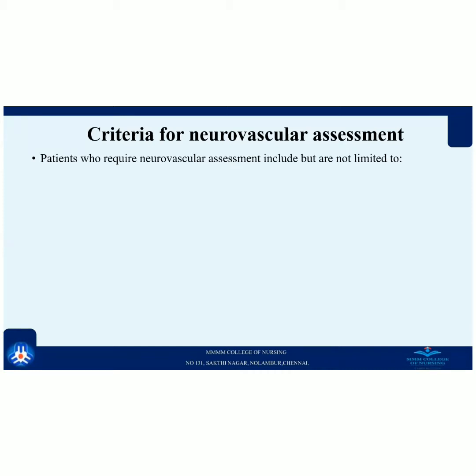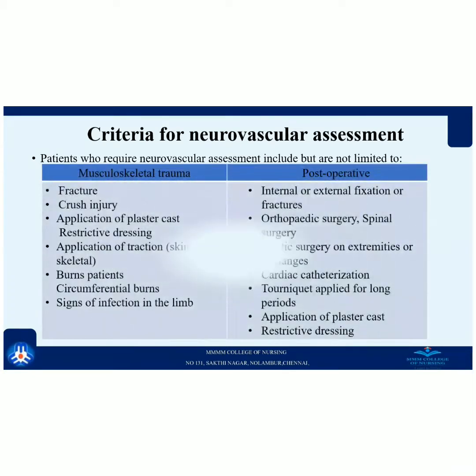Patients who require neurovascular assessment include the following, but are not limited to only these conditions. Musculoskeletal trauma disorders include fracture, crush injury, application of plaster cast, restrictive dressing, application of traction, which includes both skin and skeletal traction, or use of splints like Thomas splints or baby frame.